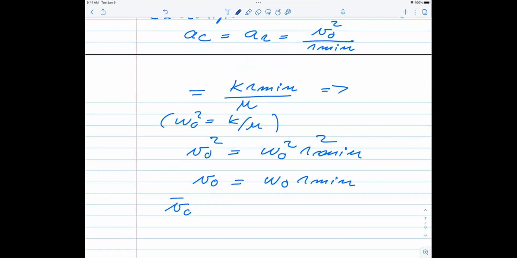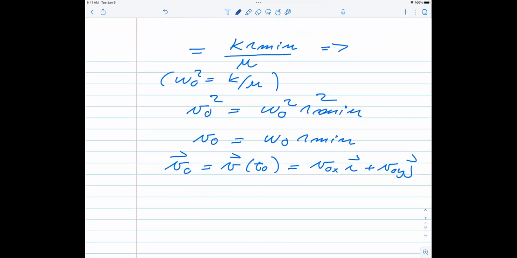So v0 as a vector, which is v at time t0, is now equal to v0x multiplied with the unit vector in the x direction plus v0y in the j direction. And in this specific case, we choose that one to be perpendicular to the x direction.